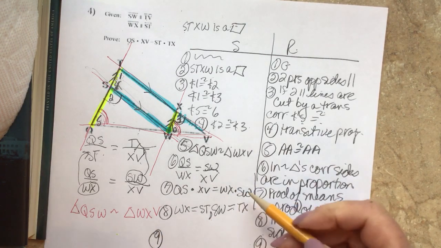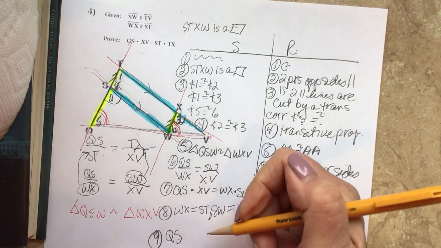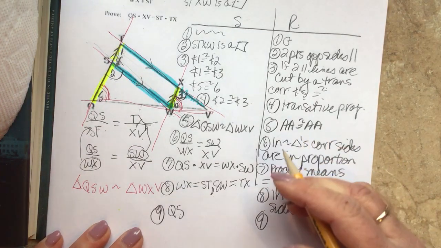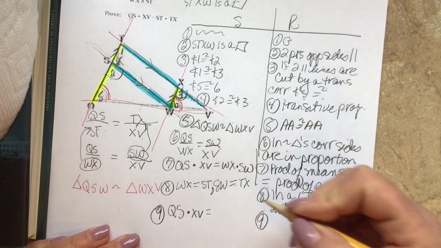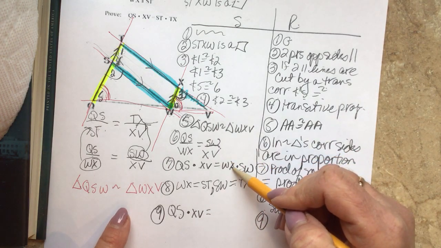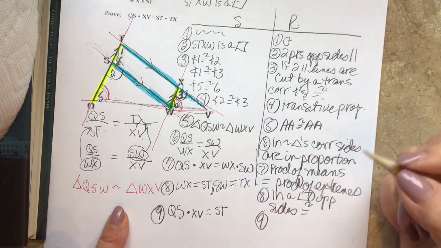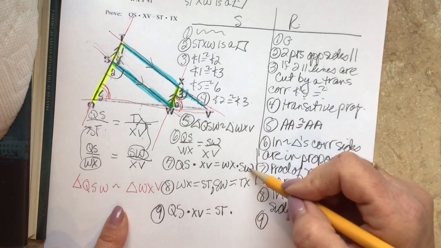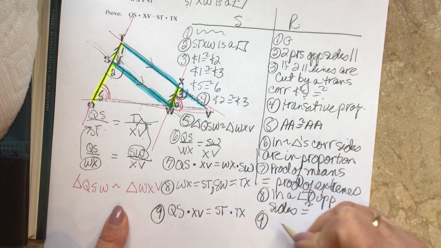Okay, now I'm just going to sub them in. QS times XV equals, well, right here it says WX, so we want to change that to ST, times, and right here it says SW, so we want to change that to TX.